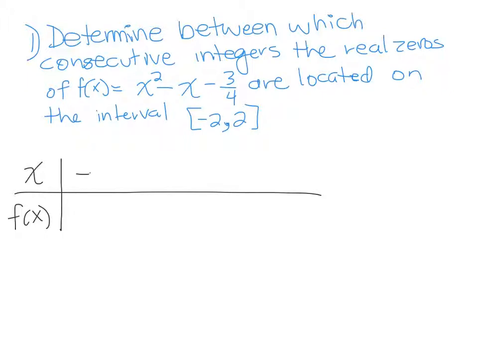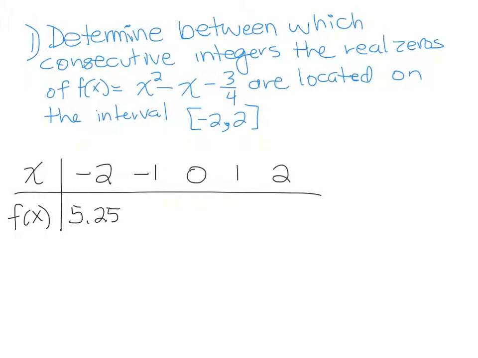So what we can do here is get values at -2, -1, 0, 1, and 2. Then we plug -2 into the equation. You can do that with a calculator. When you plug in that number, at x equals -2, your y value is 5.25.